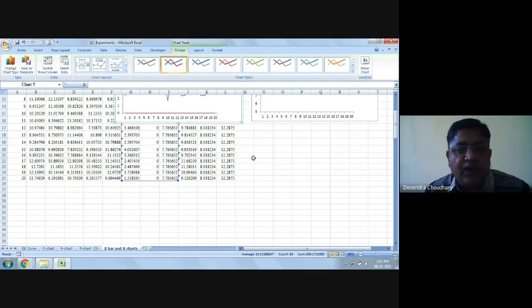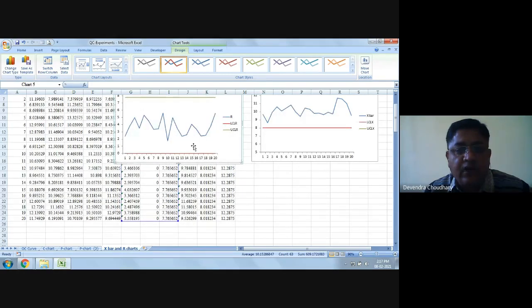Once you have calculated the trial control limits and you have taken these trial control limits as final control limits, since both the charts are within control, in such a situation you can treat trial control limits as final control limits, and you can make use of these limits in future for assessing the quality or assessing the process.